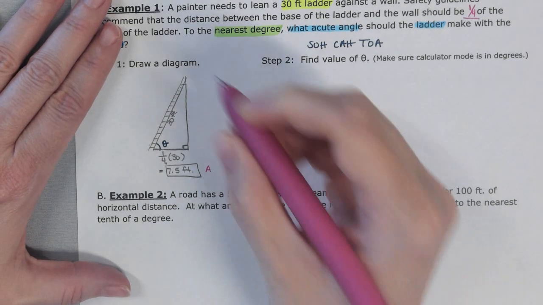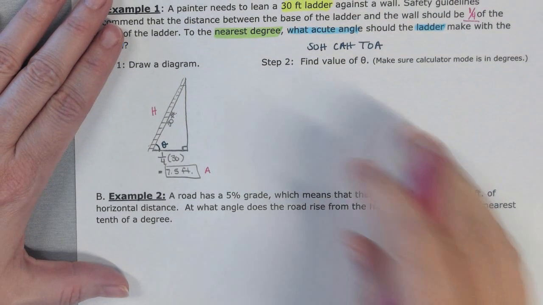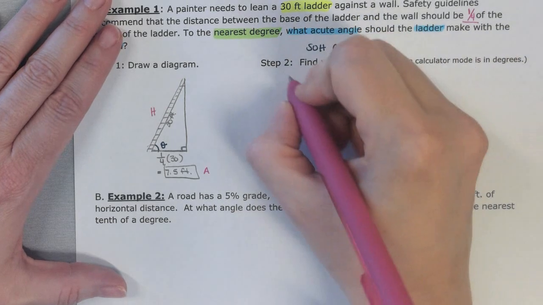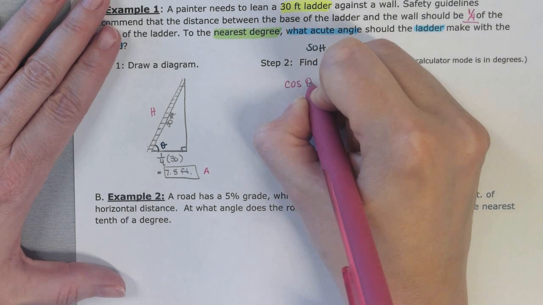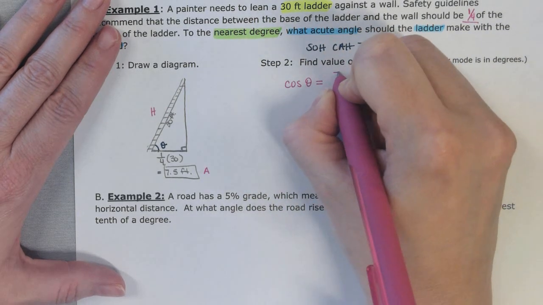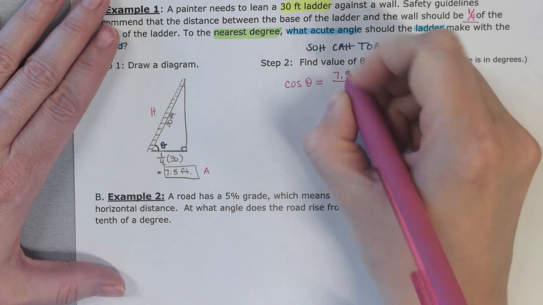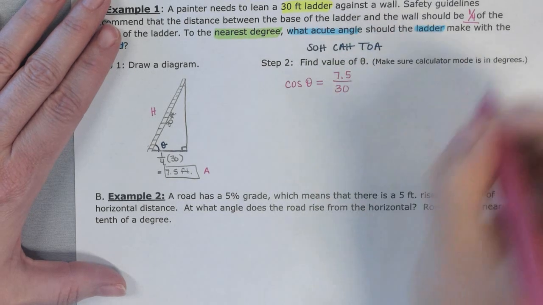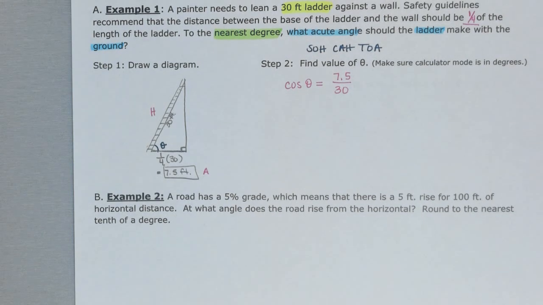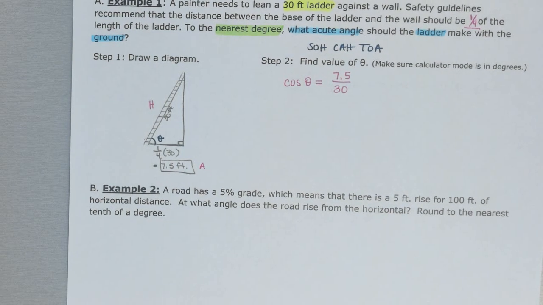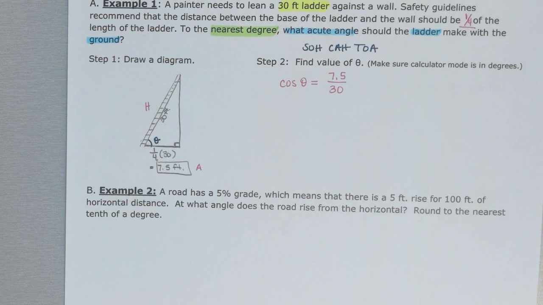Good, you know the hypotenuse and the adjacent side. So when you're finding the value of theta, this is the cosine of theta equals the adjacent over the hypotenuse. Okay, this is what we were doing early in chapter 10. But now we're trying to find theta, okay?